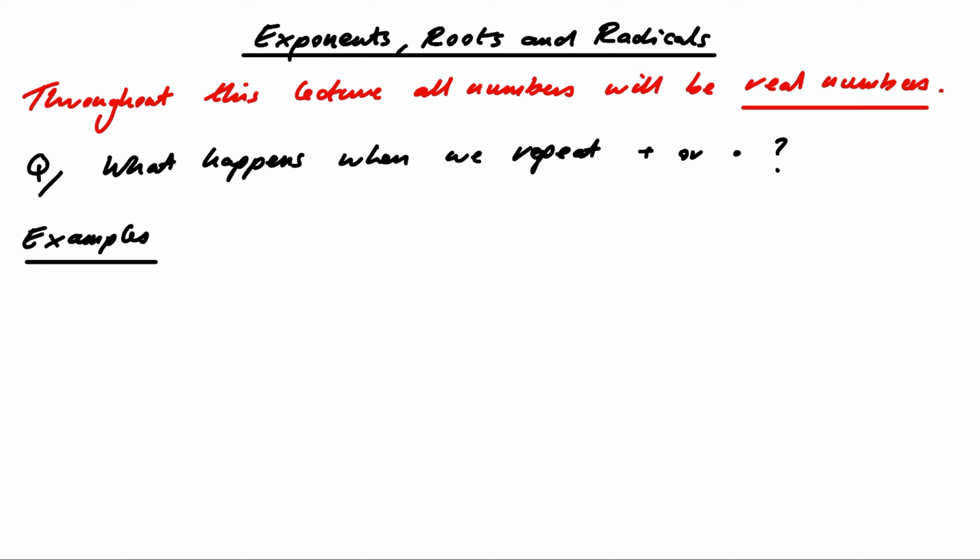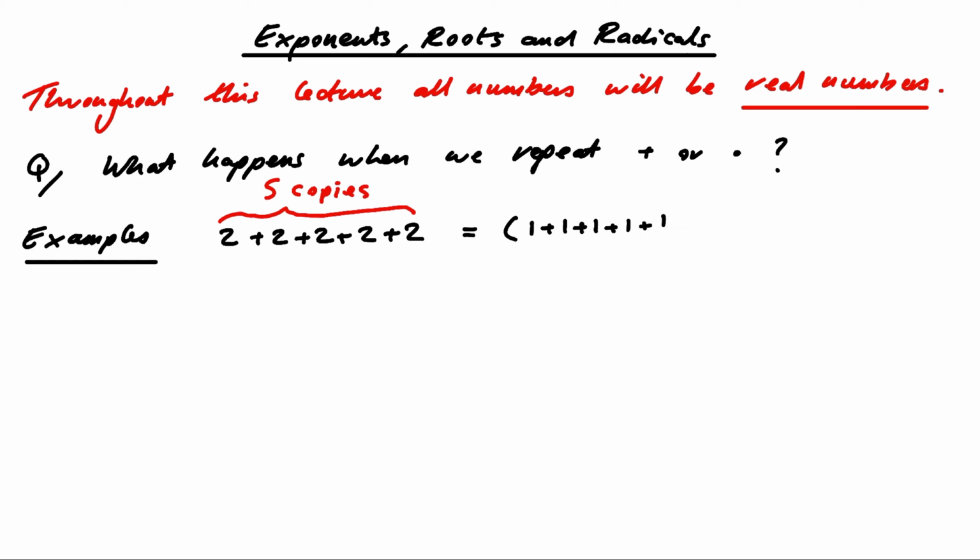So first of all, let's imagine adding 2 to itself a bunch. So imagine I do this 5 times. So 5 copies. So what do I get? Well, I suppose I could invoke the distributive law if I wanted to be fancy about it, bring out a factor of 2 from everything, and I would get 1 plus 1 plus 1 plus 1 plus 1, 5 times, multiplied by 2.